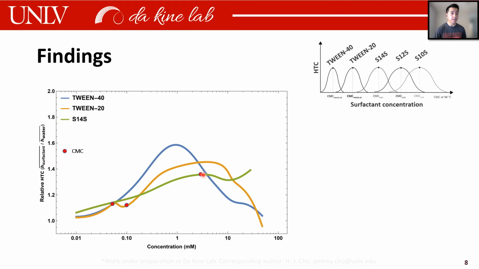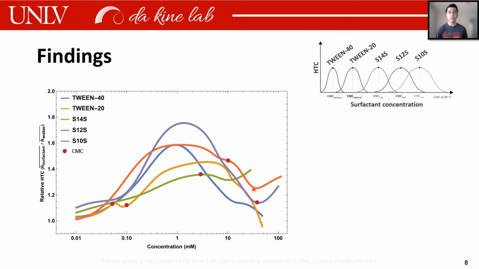That was a coincidence, also in the range from 1 to 10 millimolar. For these other two surfactants that have a higher CMC value, the optimal HTC also occurs in the range from 1 to 10 millimolar.